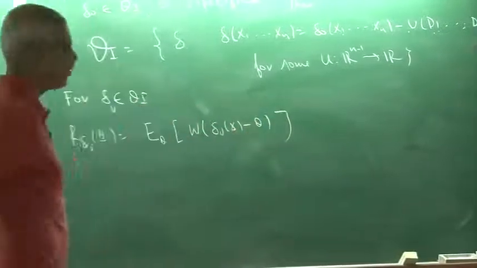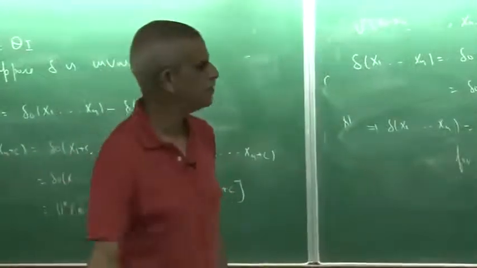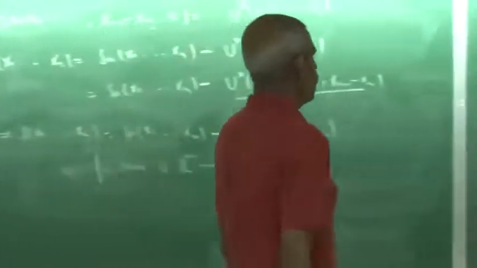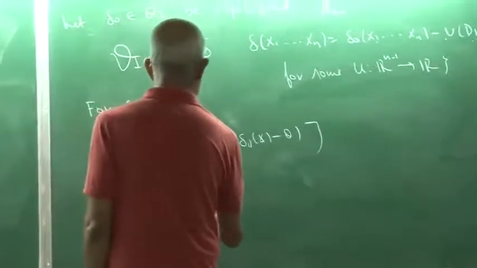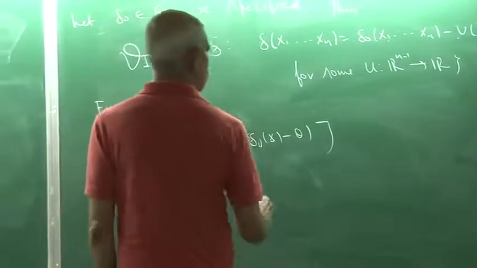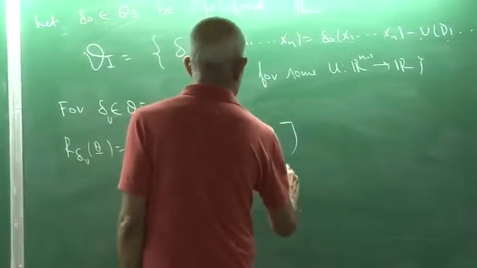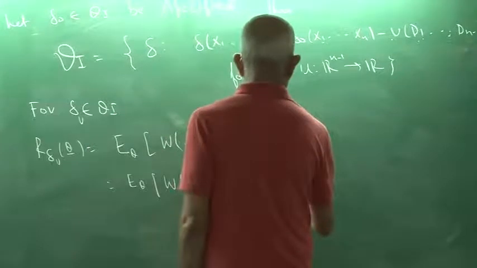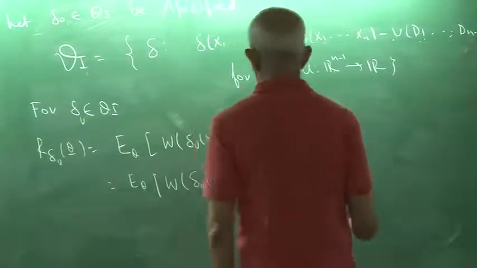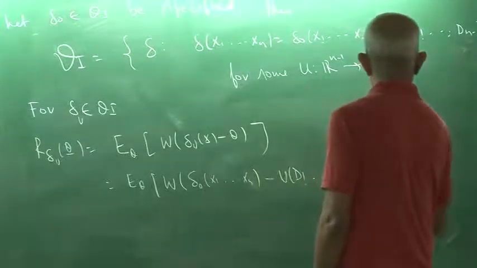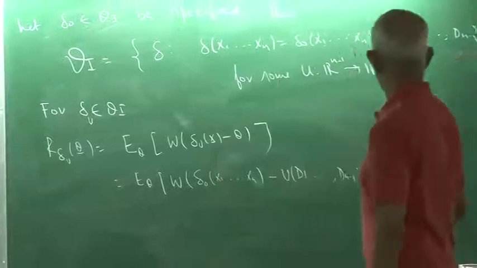These are all non-randomized estimators, so there is no second stage of randomization. This is the same as the expected value of W of delta naught of x1, ..., xn minus u of d1, ..., d(n-1), minus theta, where theta belongs to capital Theta.